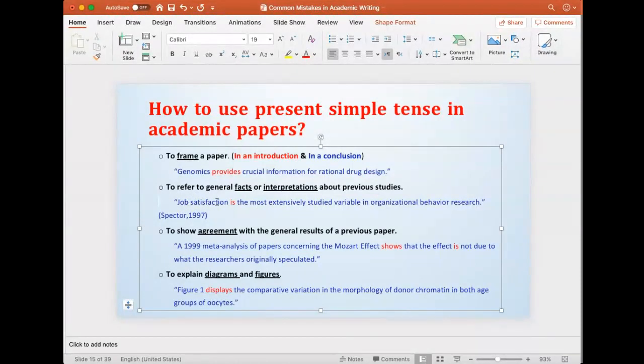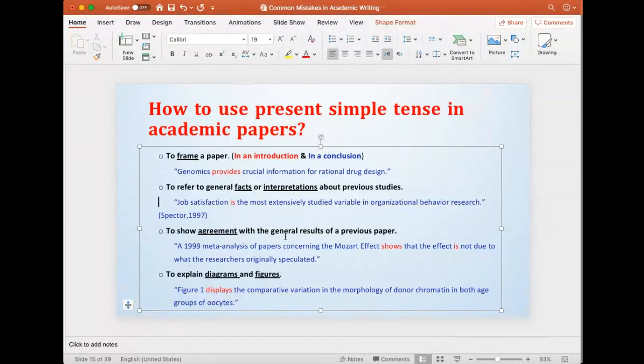Example, job satisfaction is the most extensively studied variable in organizational behavior research. So this is a fact, okay? And also I can use it when I'm trying to interpret what previous studies have come up with.